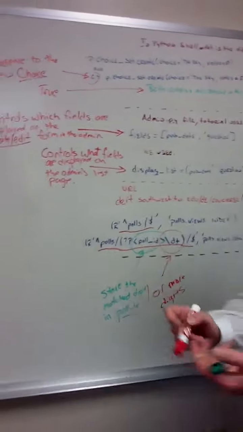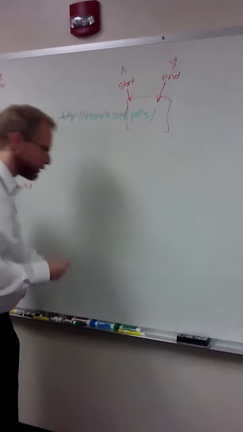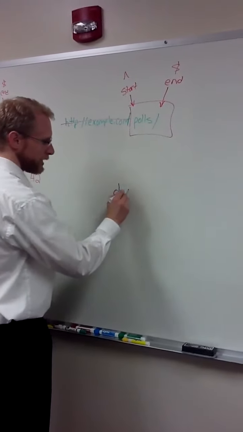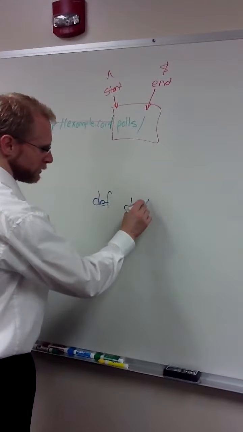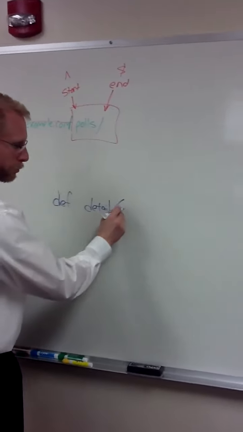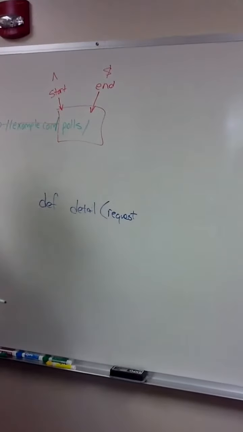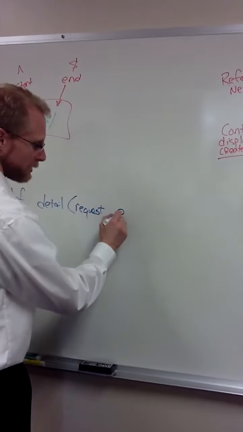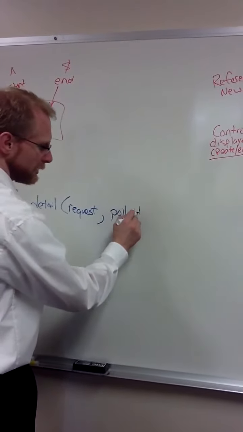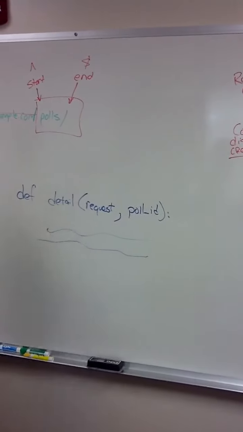So that view looks something like this. def detail. It gets two parameters. One is a request, because all views have a request parameter. The second is poll_id, and then you've got your code for that view.